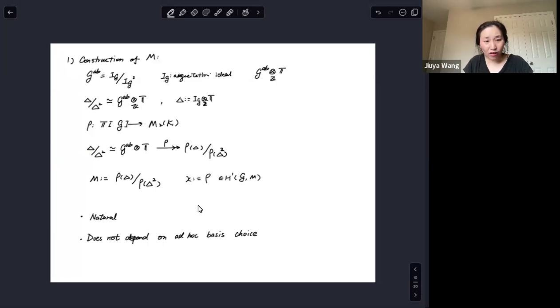It is natural to just look at the image of the augmentation ideal mod its square in the 2x2 matrices, and let's just construct M to be exactly that image. Then the one-cocycle we want to construct is exactly just this rho map.